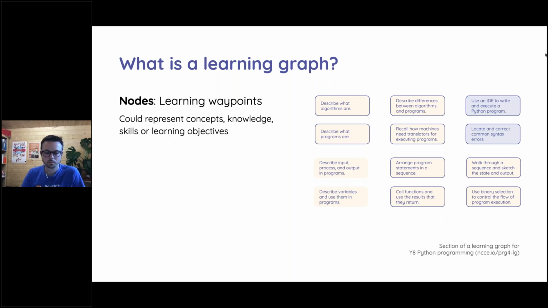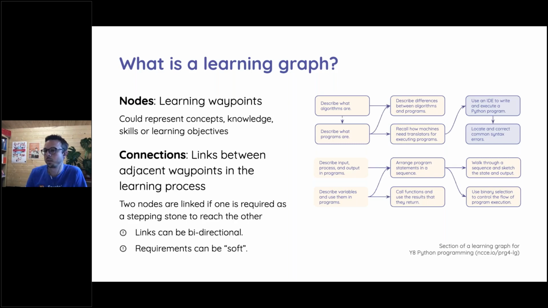Because we use them for planning our units, the nodes in our learning graphs contain the learning objectives we will be using in our lessons. If you think about it, when you start planning a unit, that's always what you start with. But instead of putting those objectives in a list, we try to connect them using links. So next slide, Ben.